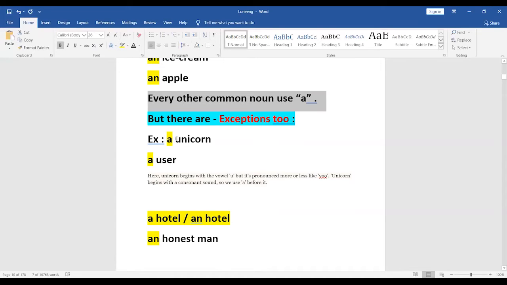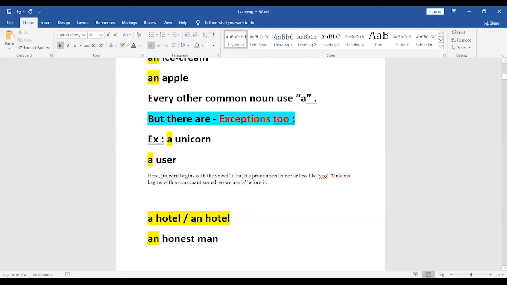According to what I said, unicorn starts with U, but they're putting a unicorn. Now, isn't U a vowel? Here, I'll tell you, a user. Again, U is a vowel, and still they're using a. Why are they saying a unicorn, a user?